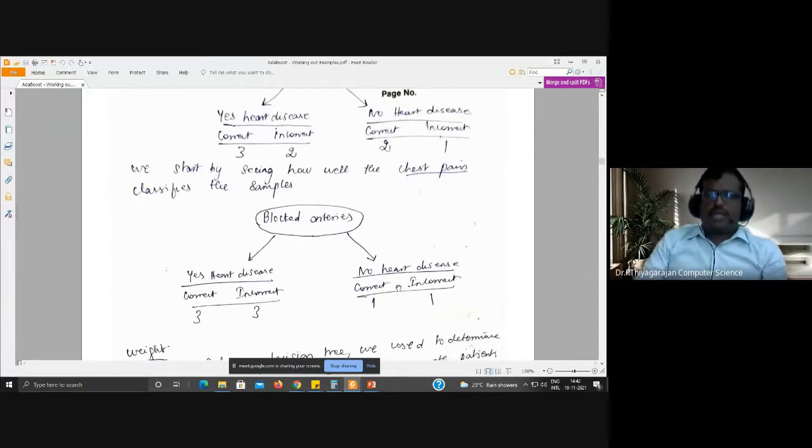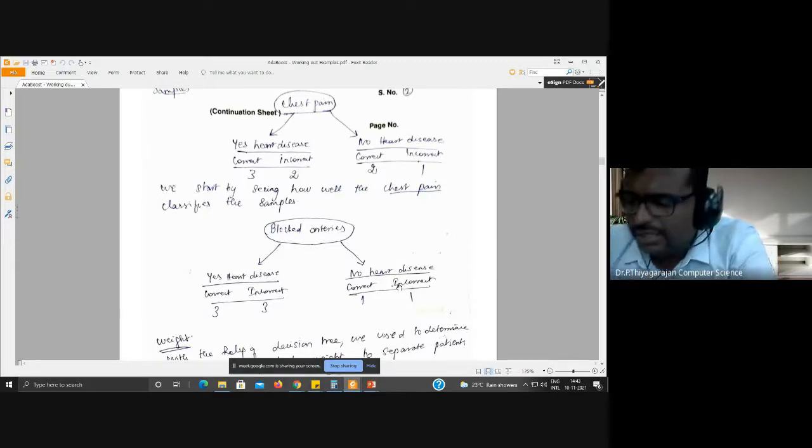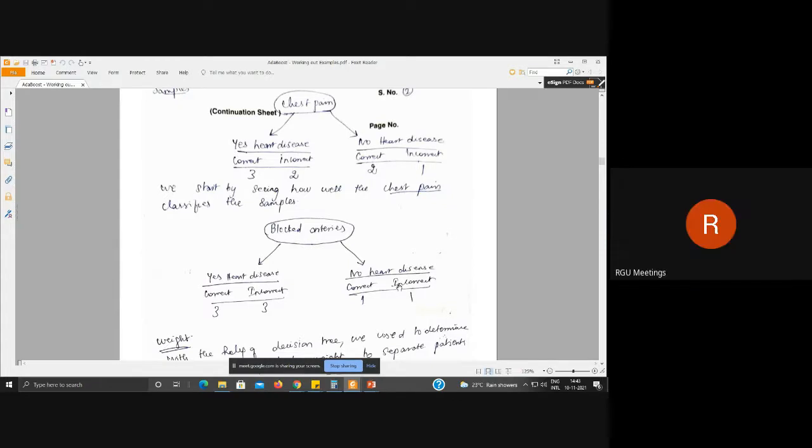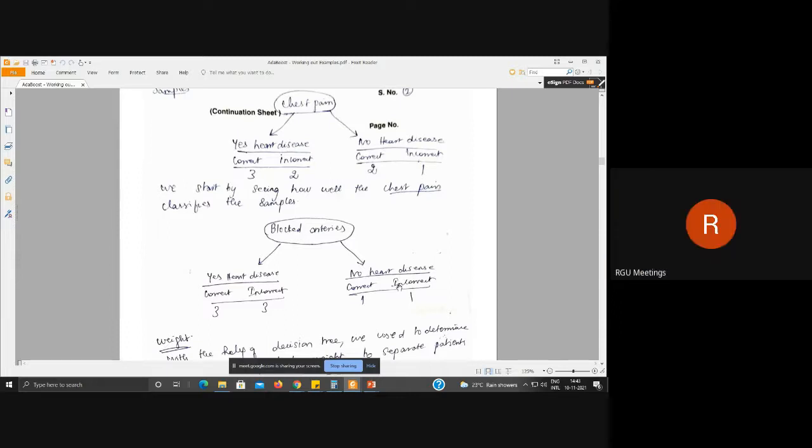What is the total error for the blocked arteries? Can anyone tell me? The total error for the chest pain will be 3/8, and for blocked arteries it will be 4/8.